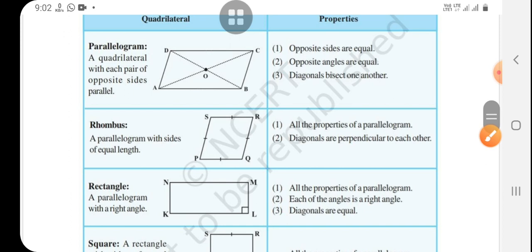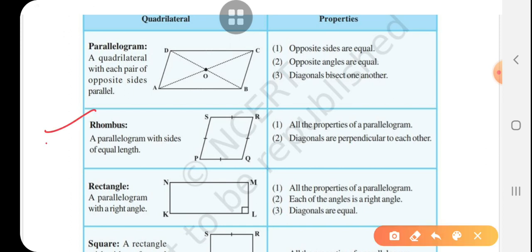Next one is rhombus. A parallelogram with sides of equal length. It means a rhombus is also a parallelogram, but all its sides are equal. In the case of a parallelogram, it is not required that all sides are equal, but in the case of a rhombus, all sides should be equal.